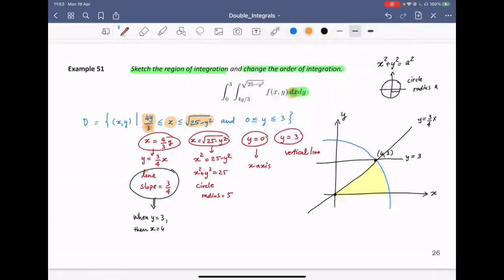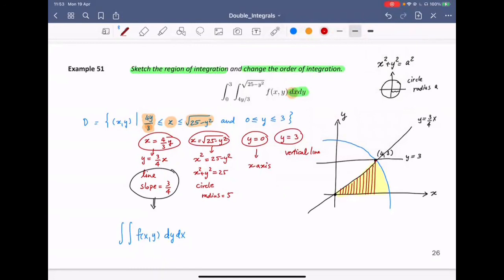I'm going to give you the answer immediately, but on Wednesday we're going to pick up the answer again if you don't understand it. So the answer for this question, if I want to switch the order of integration to dy dx, I have to switch my idea to the vertical line.